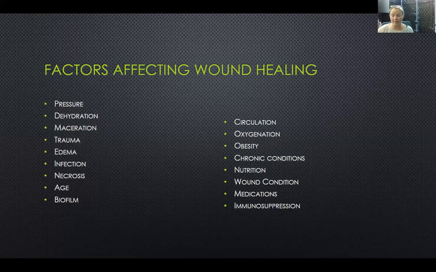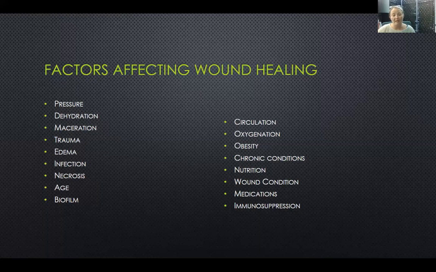Just like I said, circulation. Anytime circulation is impaired, oxygen is needed for healing. If your patient is obese, that increased adipose tissue can be more difficult to suture in an intentional wound, and will have increased risk for infection.